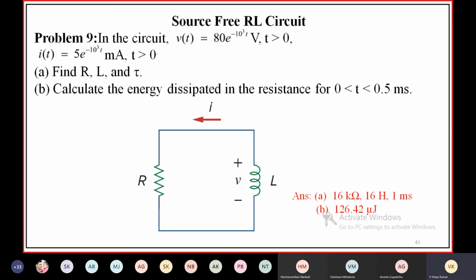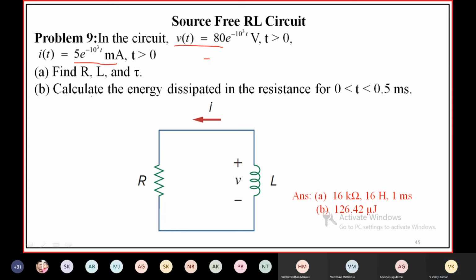Okay, let us discuss this problem. Here V of t is given and I of t is given.